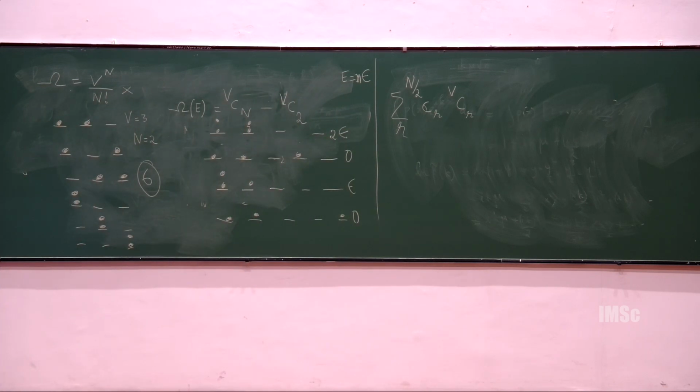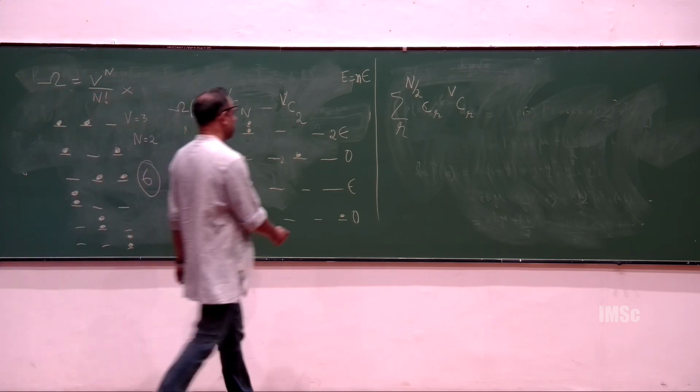How many pairs are there? n pairs should be there. Those n pairs, how many ways can they be in the many sites? Out of the V sites, I choose n of them, small n. In those small n, I have to put those pairs. Only one way I can put. So think like that.